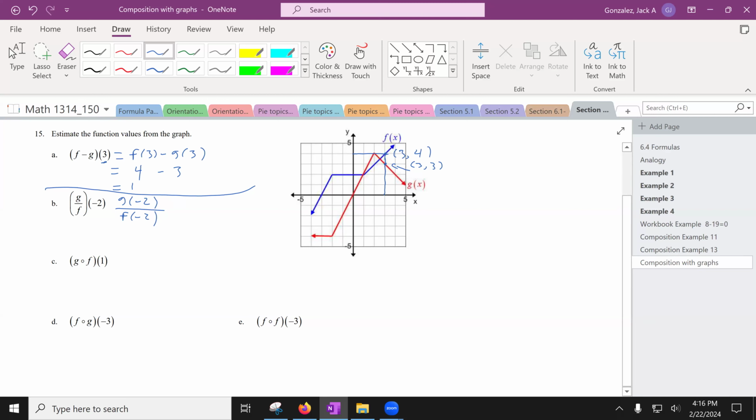For part B, you find the outputs and divide them. What is G of -2? F of -2?